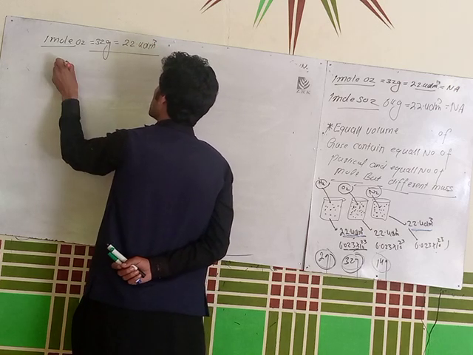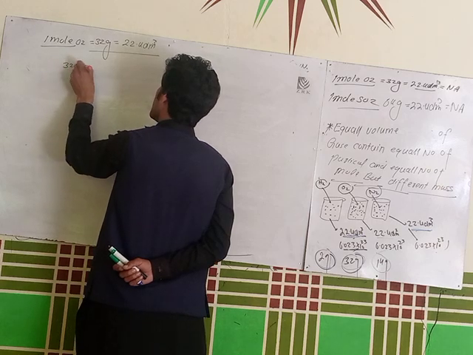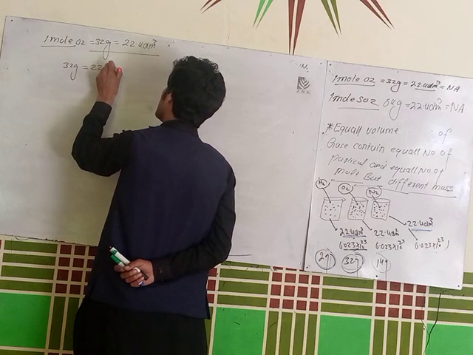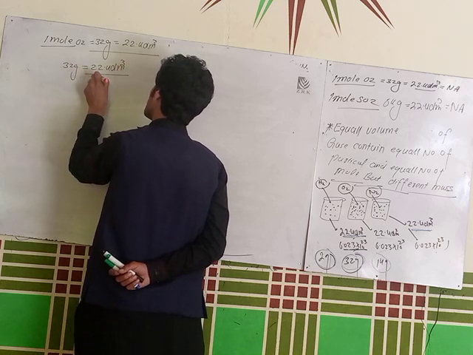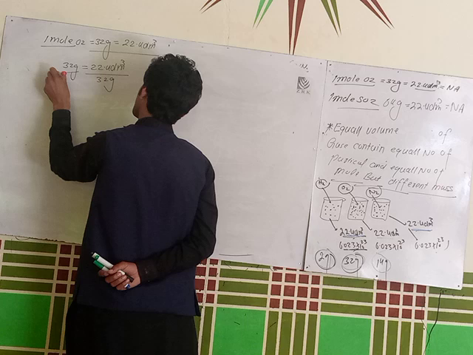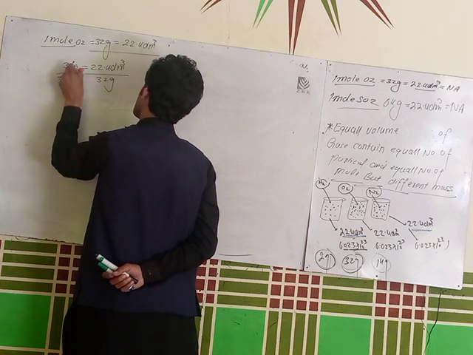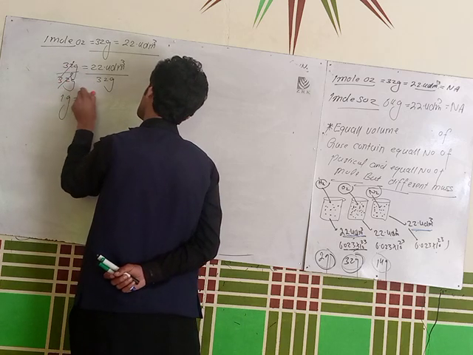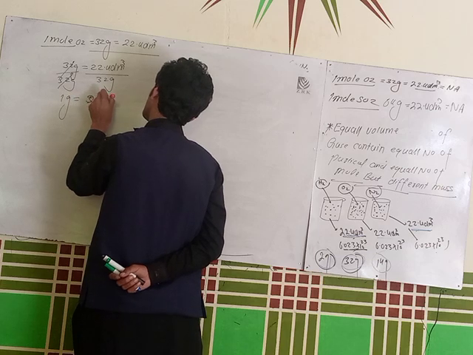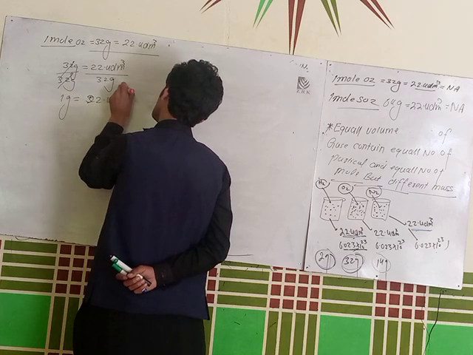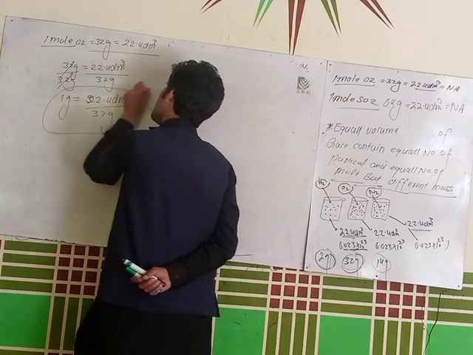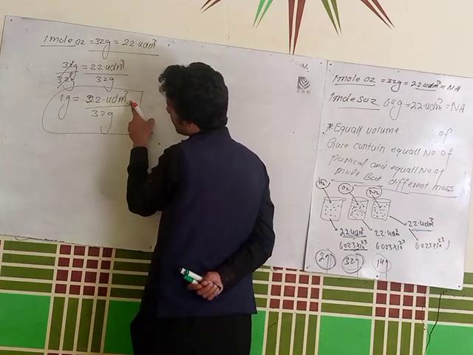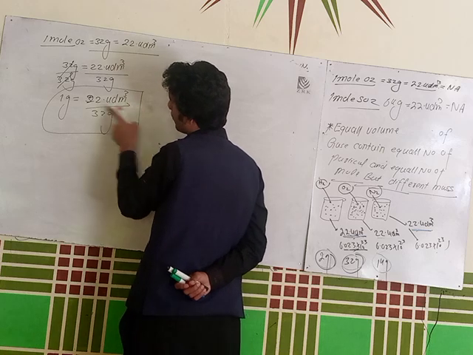If someone asks you about 1 gram, you divide 32 gram by 32 gram, so they cancel each other. So per 1 gram is equal to 22.4 decimeter cube divided by 32 gram. So students, from this equation we can write the formula for grams.